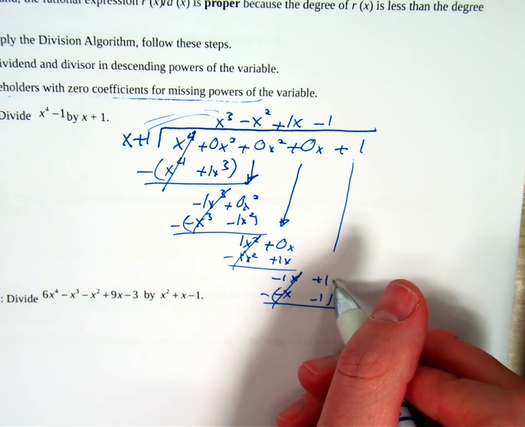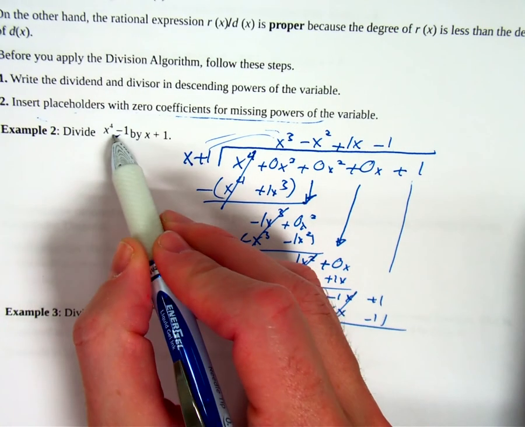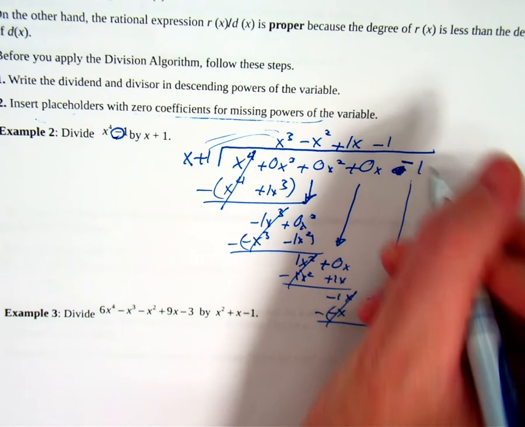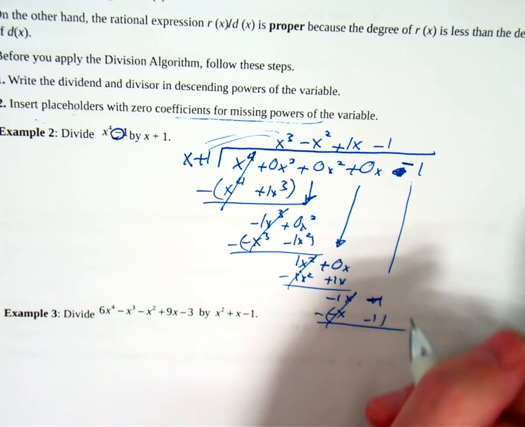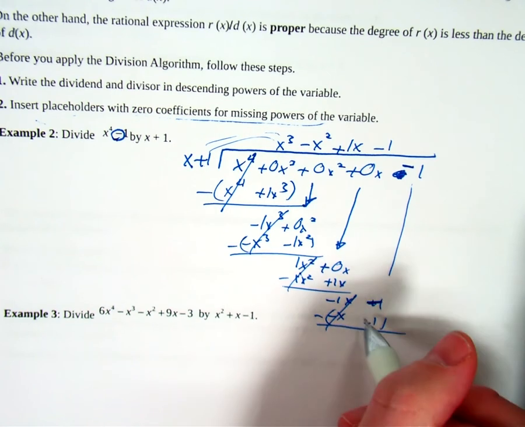Oh, there's where the difference is. Look at the original problem. Caught it, finally, third try. The original problem is a minus, Mr. Handke. So this is a negative. There it is. I had a plus. Got it.